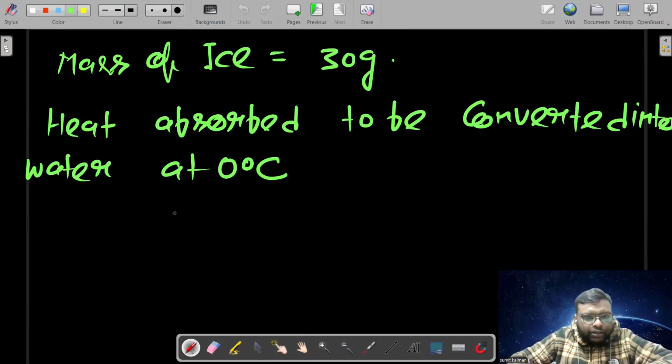As you all know, heat absorbed is given by Q is equal to mass m1 into latent heat of ice.